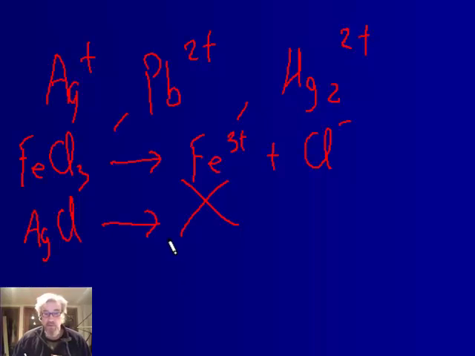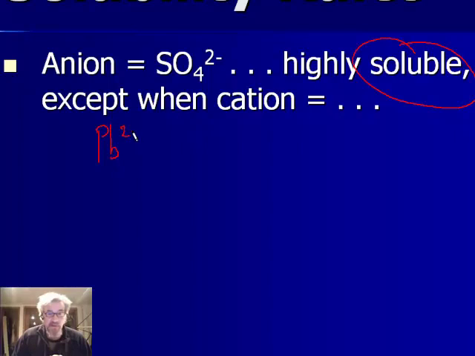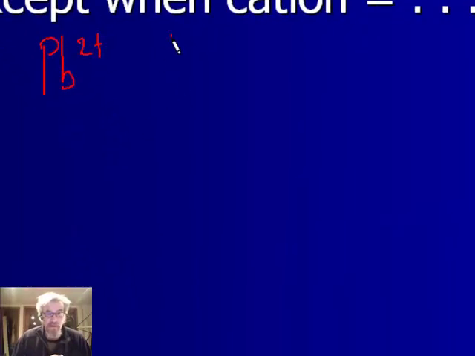solubility of lower halides. If the anion is sulfate, SO4 2-, most of the time that's highly soluble. In other words, it'll dissolve, except in 3 cases. One of the exceptions is, just like for the lower halides, lead 2+. Another one is barium 2+.